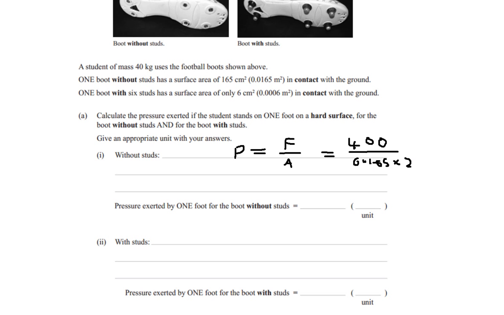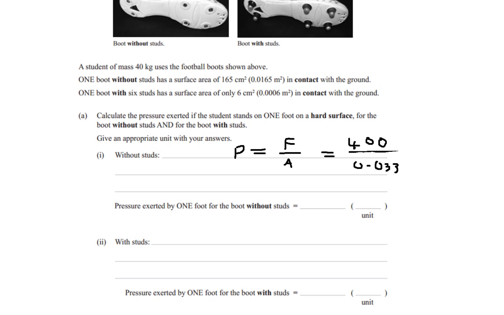We'd have to double that, and really we should double that before we type anything else into the calculator. So we'd be dividing by 0.033. So we're just doubling the area.